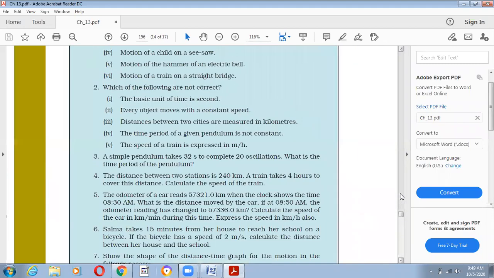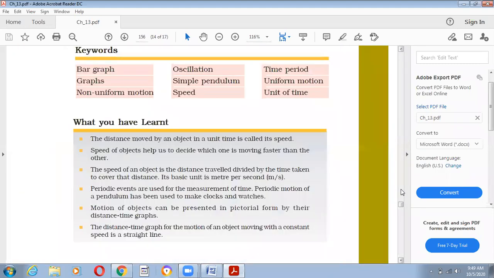So today we are going to discuss the keywords. The first keyword is bar graph. We use that graph to describe the type of motion.